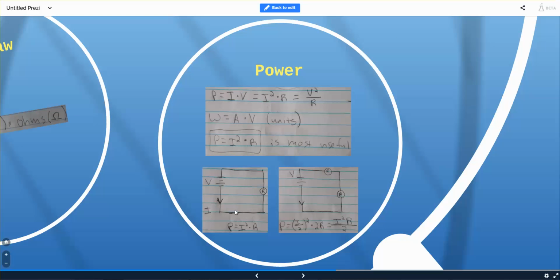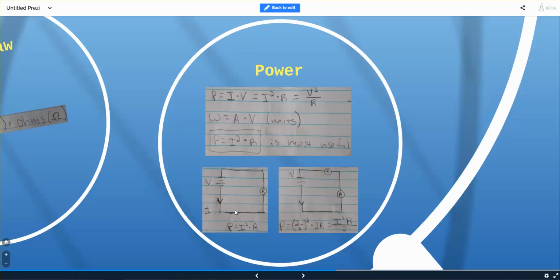For power, we found out that power equals amperage times voltage, or amperage squared times resistance, or voltage squared over resistance, and the unit for power is watts.